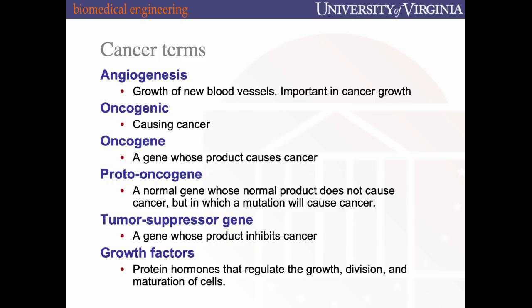So RAF, there's a very characteristic mutation there that's gained in melanomas, and it's so well recognized that we have a mutated RAF specific inhibitor that people use to treat melanoma. So in that specific example, RAF is the proto-oncogene. The mutated RAF is the oncogene.